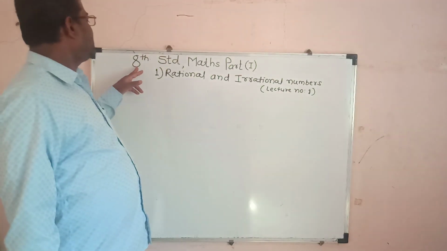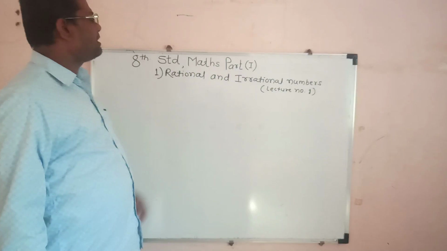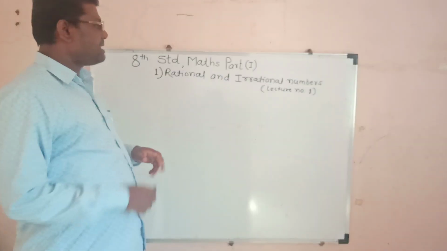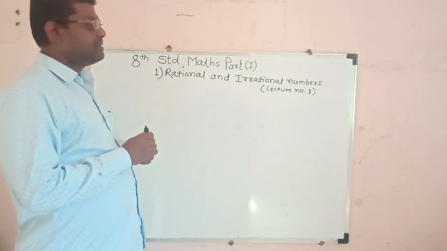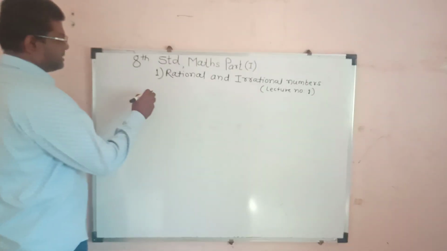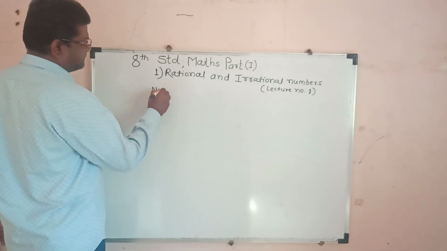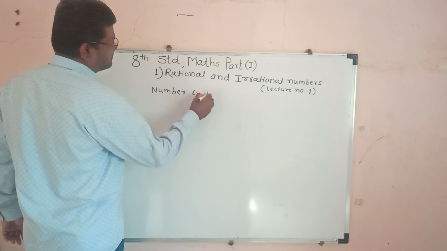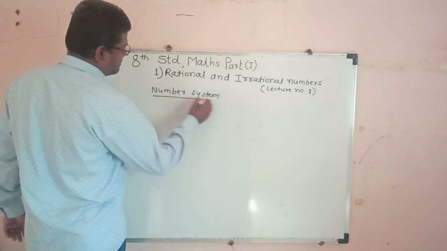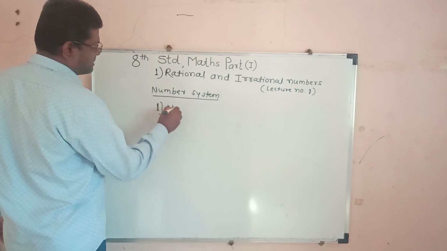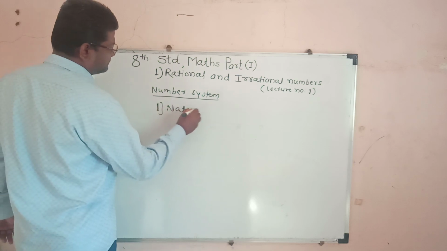Today I am going to teach 8th standard math part first, lesson number 1, rational and irrational numbers. At first, let us study number system. Number 1 is natural numbers.